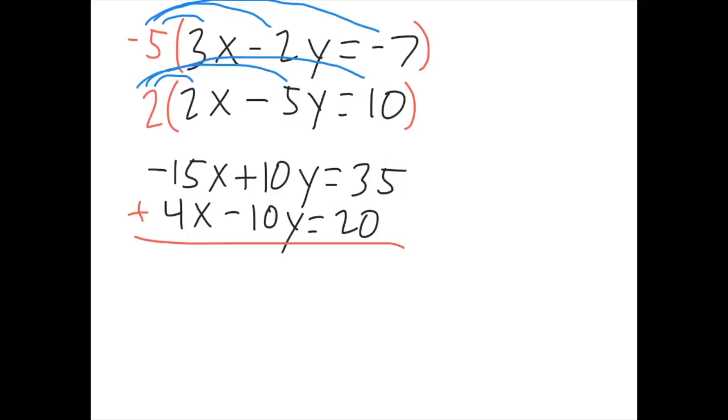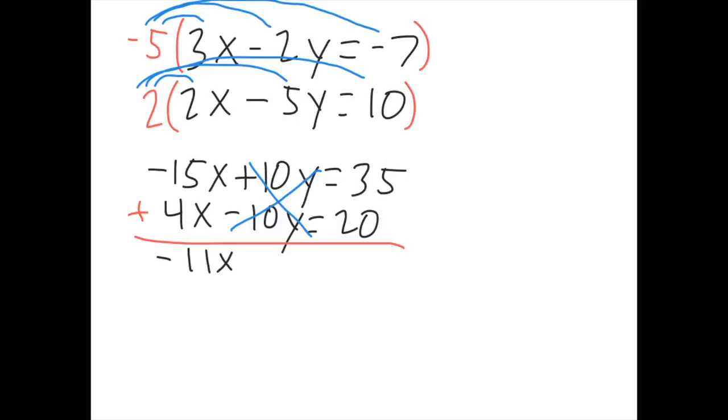So negative 15x plus 4x is a negative 11x. 10y plus negative 10y, well, those are opposites, so those cancel. They become 0, but they're gone. And that should always happen with elimination.